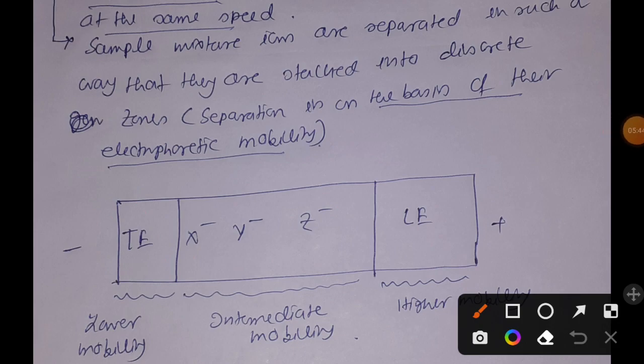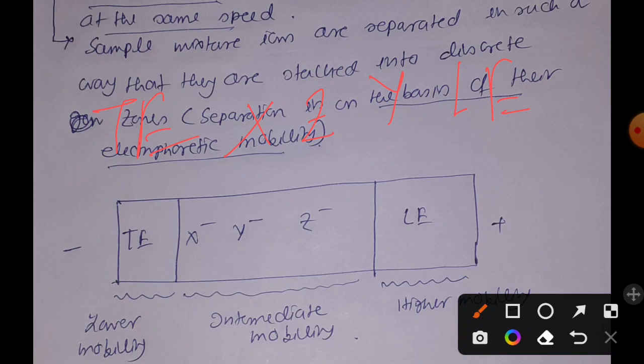Under that equilibrium the sample keeps moving at the same speed depending on electrophoretic mobility. That means after a certain time we will end up with LE, then Y, then Z, X, and at the last TE.